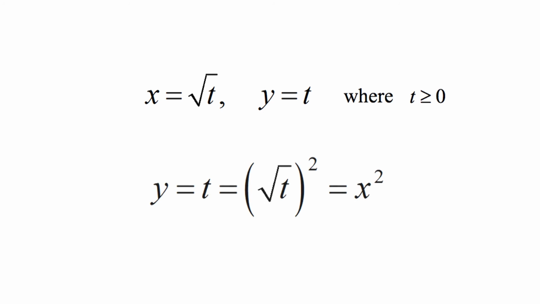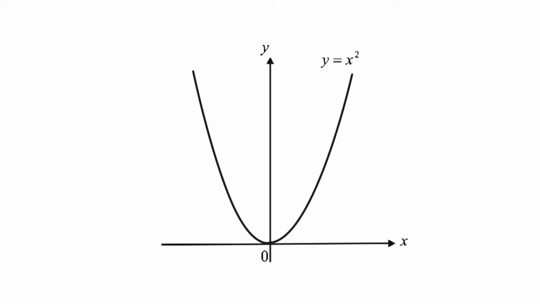We find that y is equal to t, which is equal to square root of t whole square, which is equal to x square. This means that the particle's position coordinates satisfy the equation y is equal to x square. So, the particle moves along the parabola y is equal to x square.